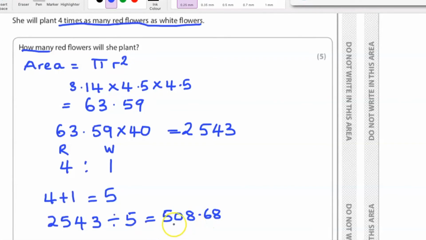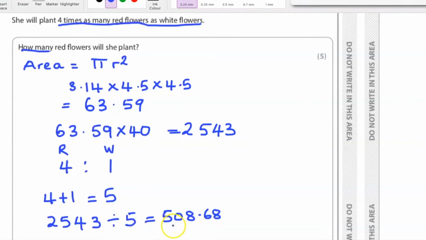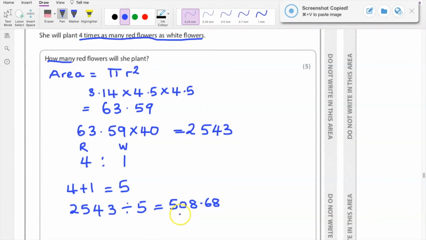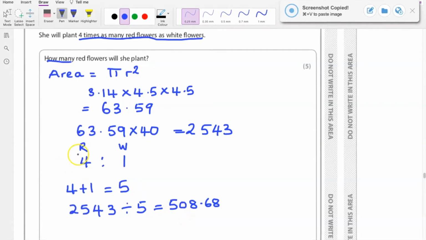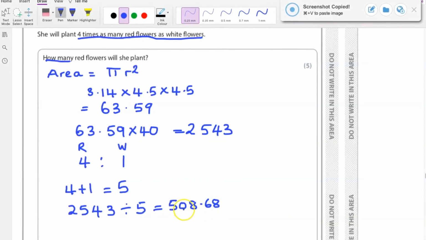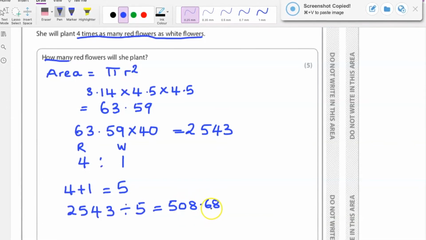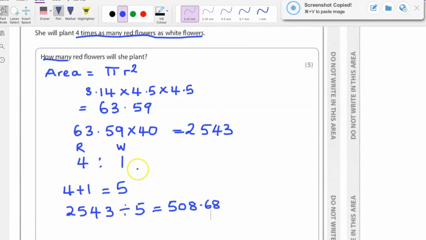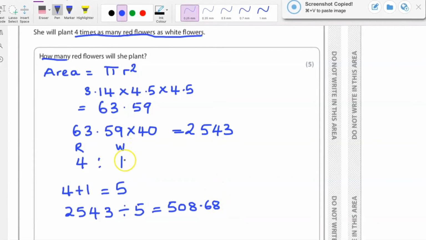Now from here, the ratio of red flowers and white flowers: for red flowers we take 4 portions of 508.68, while for white we take only 1 portion.